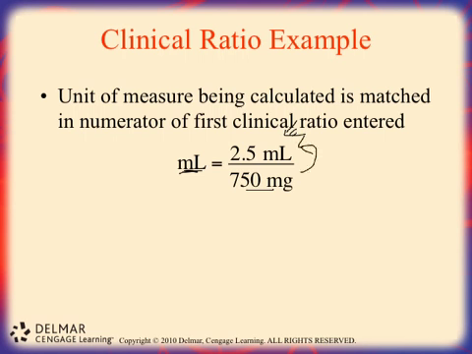So what we have to do here is have our numerator be milliliters, because that's what we started out with and that's what we're trying to end up with. So whatever is here must be in the numerator in the first clinical ratio that's entered.